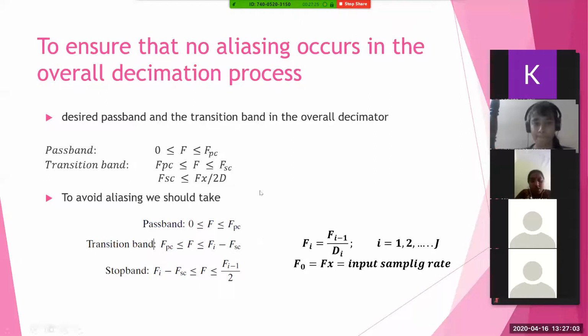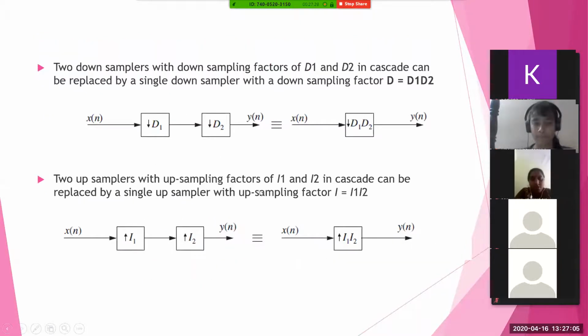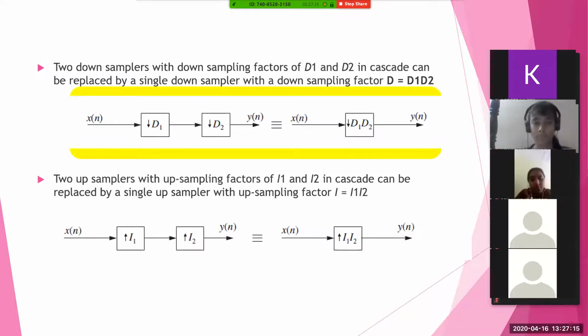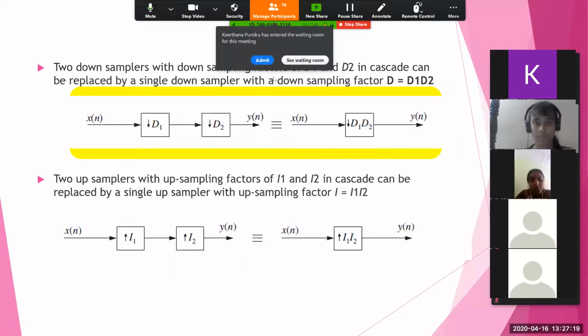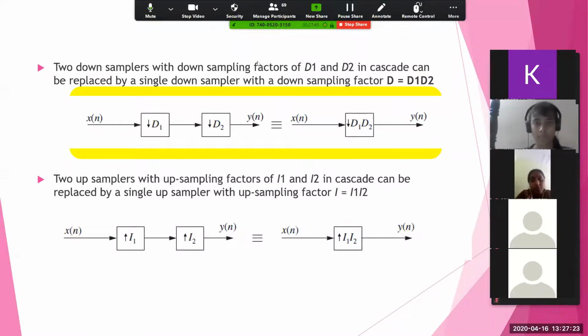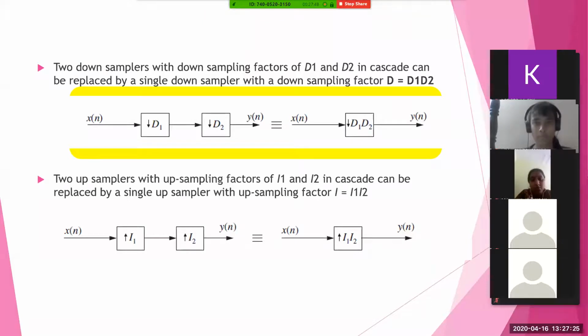And moving on, here are some identities I want you to know. These are simple identities. Now, have a look at the highlighted diagram. Whenever you have two decimators in cascade, they can be replaced by a single block with their multiplication.